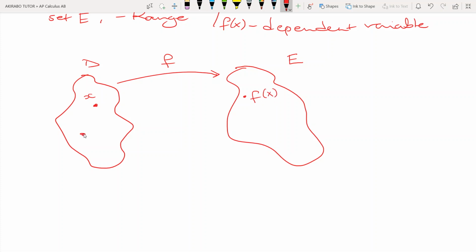That means, let's say if I had a b, it would carry this b, the same rule, and take it to another unique f of b. That's the idea. That's really what I'm trying to communicate. So you basically always have a set of ordered pairs. Yeah, so that's the basic idea.